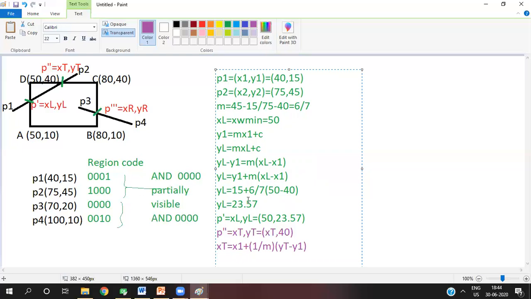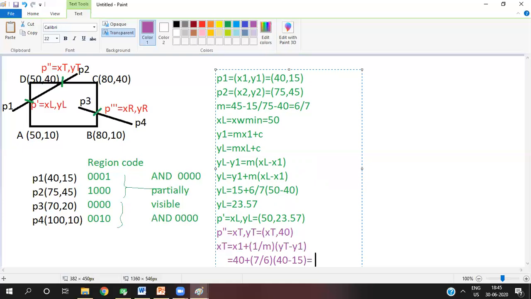So what is the value of xt is equal to? X1 is, yes, it is the value of x1 over here, 40. Either equation you can consider, doesn't matter. Plus 7 divided by 6. What about y top? Y top is 40 minus, it is y1, 15.